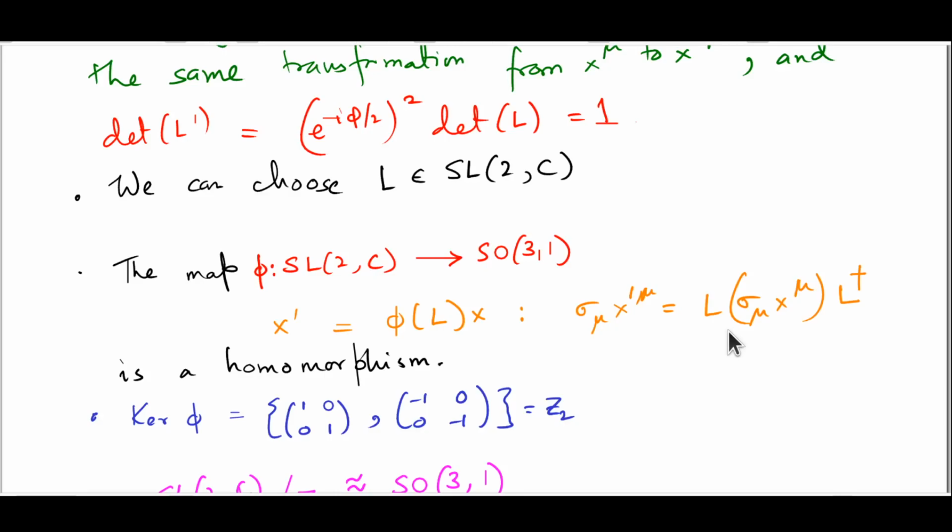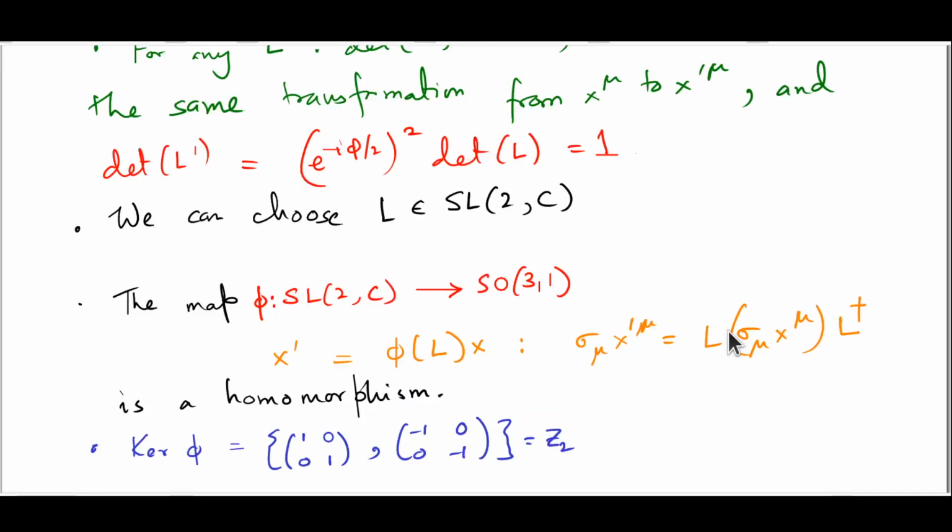By the way, this should not come as a surprise simply because it's obvious that L and minus L will both give you the same transformation, because you will get two minus signs, one from L, the other from L dagger. And other than that, the way in which we picked out this unimodular matrix out of the general matrix L with an arbitrary phase factor as a determinant was by multiplying it by e to the minus i phi by 2.